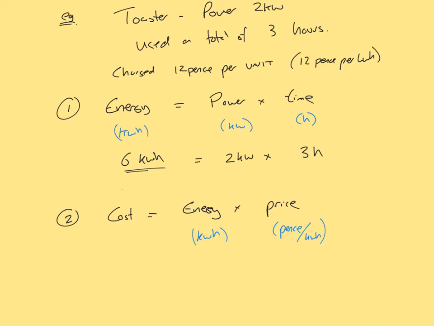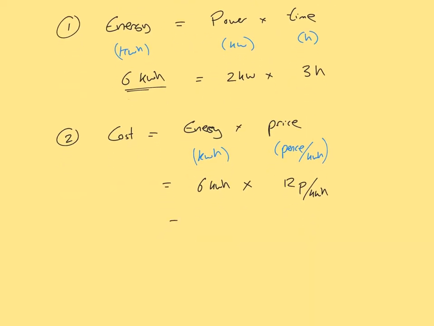So this just becomes the 6 kilowatt hours we had from before, multiplied by the 12 pence per kilowatt hour, and we multiply those two together, and that equals 72 pence.